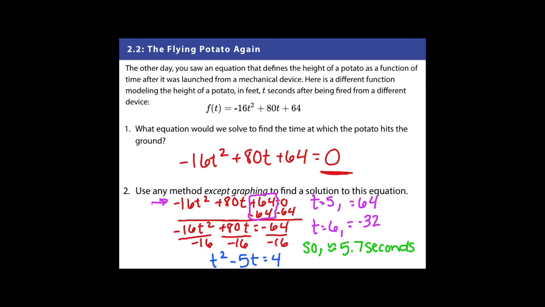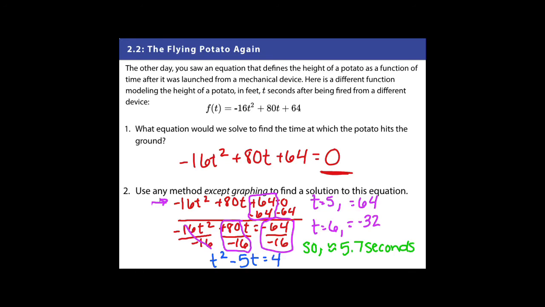And then it'll give us negative 16t squared plus 80t equals negative 64. And then if we divide each term by negative 16, that gets rid of that one. This would equal a 5, and then this would equal 4. And then we would get t squared minus 5t equals 4.